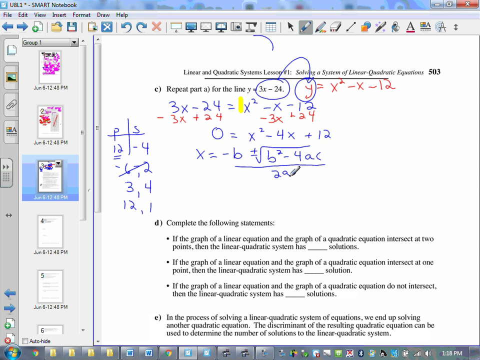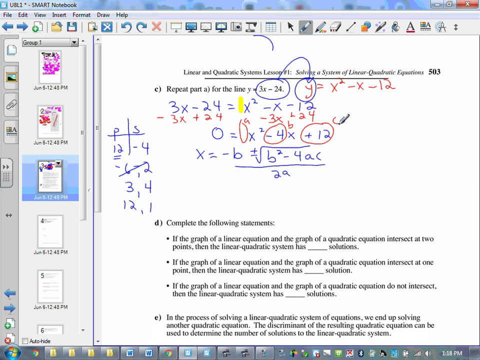So this isn't factorable, but that doesn't mean that we don't have a solution. So what the heck is my A, my B, and my C? Your B is -4 and your C is 12. Remember, the thing in front of the x squared term is the A. The thing in front of the x is the B. And the thing all by its lonesome is the constant, or the C.